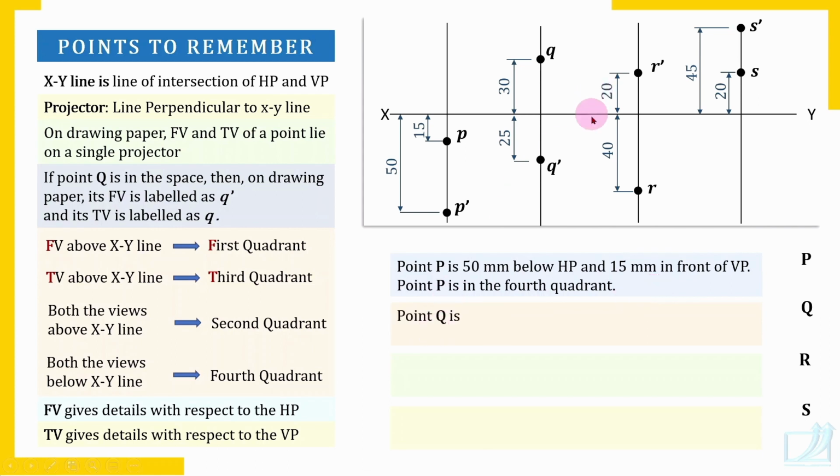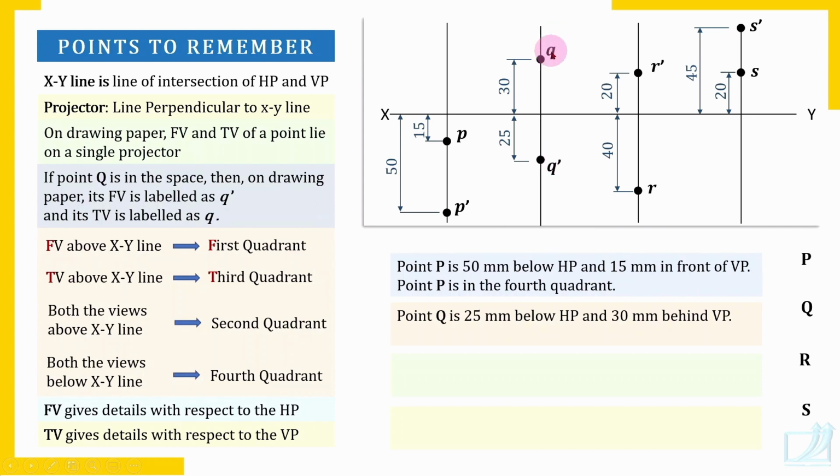Okay, point Q is 25 millimeters below HP, because it is the front view and front view gives details with respect to HP. Below XY line means 25 millimeters below HP, and 30 millimeters behind VP. Remember, this portion of drawing paper is in front of VP, and this portion of drawing paper is behind VP.